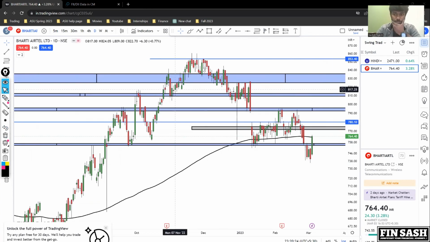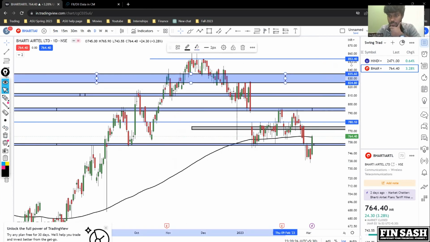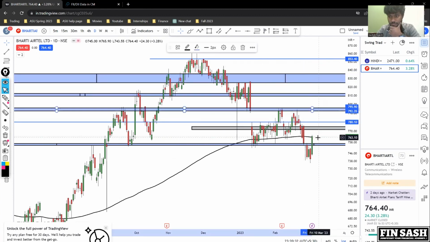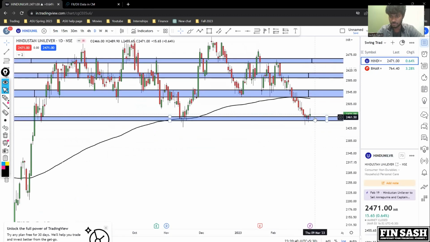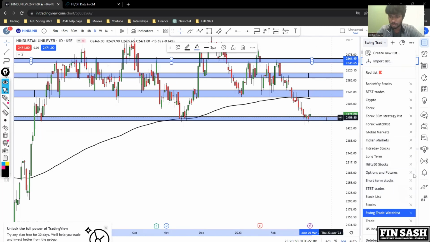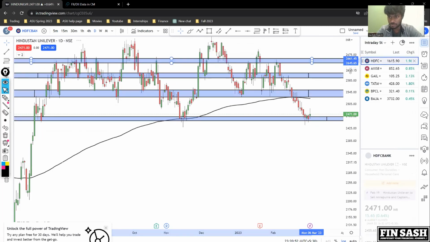All right, so you guys can copy the levels really quick for the swing trading stocks. So this is for Bharati Airtel. This level, this level, this level, and the 200 moving average. Hindustan Unilever, this level, and the 200 moving average on the daily time frame. So for intraday stocks, these are the levels.